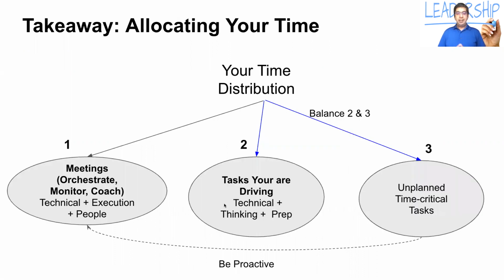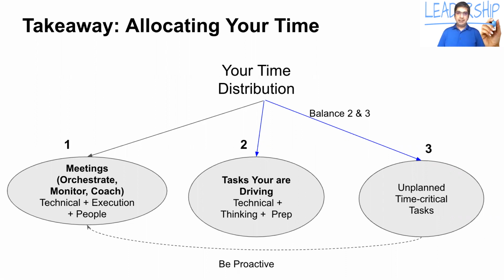So in terms of a takeaway, I would break it down as: first, you need to be very cognizant in terms of distributing your time. And there are three buckets that you need to focus on. First bucket is the bucket of pre-scheduled meetings, right? Meetings in the category of orchestration, monitoring, coaching, right?